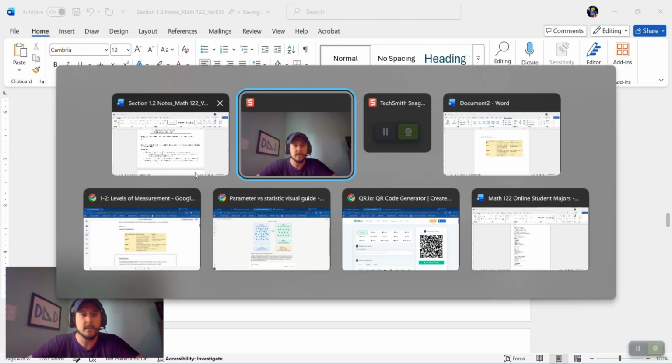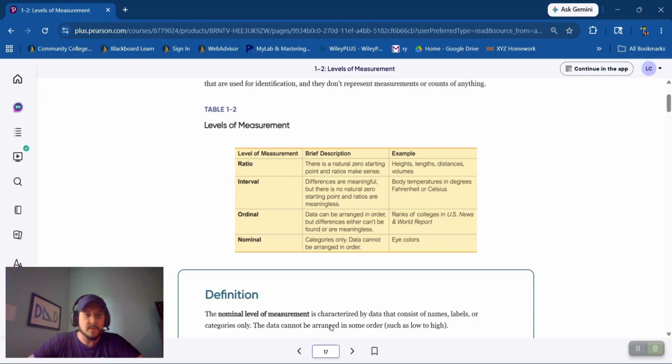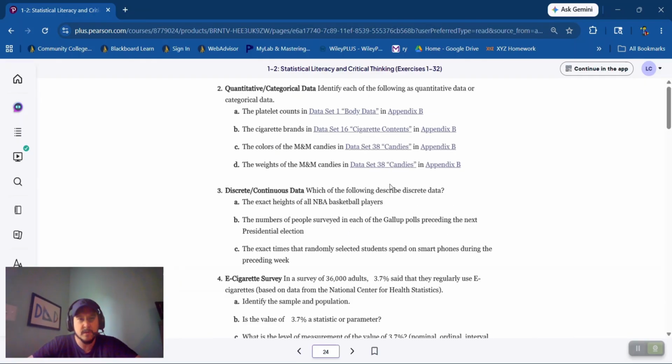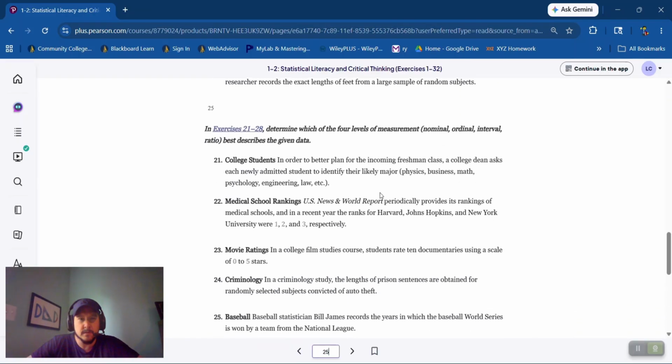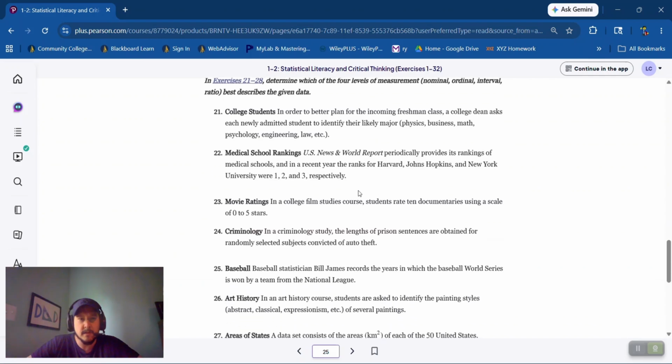Apologies about that. We'll go to the textbook. This is page 25 that this is on. I'm just going to copy and paste some examples from the textbook. Let's see.